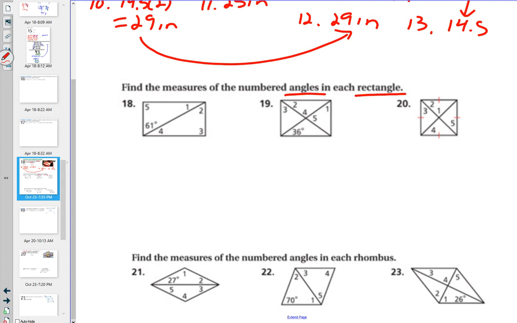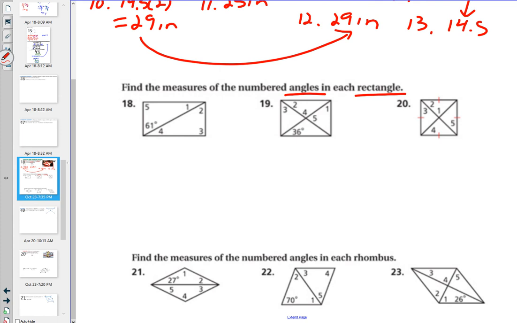Angles of a rectangle. What do we know about angles of a rectangle? They're congruent, and because we know that in any quadrilateral, the angles add up to 360, not only do we know that they're congruent, but specifically, what is the angle measure of all the angles of a rectangle? 90, yeah, they're each going to be 90.